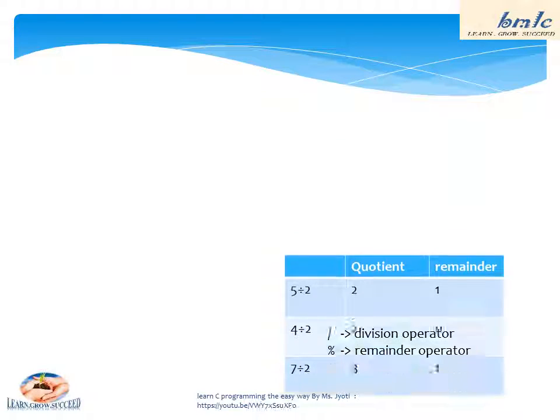Now let us write the code for this. The first statement would obviously be to include the header file, which includes the meaning for printf and scanf, that is stdio.h. Then the main function from where the compilation would begin.